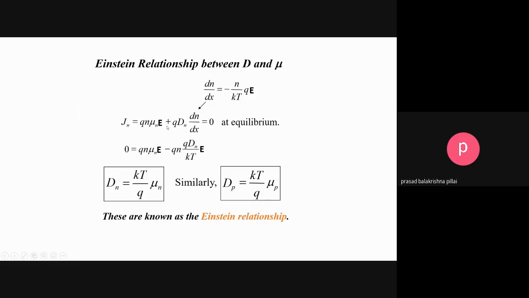At equilibrium, this point I did not tell you when we were talking about diffusion. How in a graded semiconductor is equilibrium achieved? Any idea? In the case of ink, we have seen how the equilibrium is achieved. What is the difference between the case of ink and the electron or hole flow? Is there any difference in the equilibrium conditions?